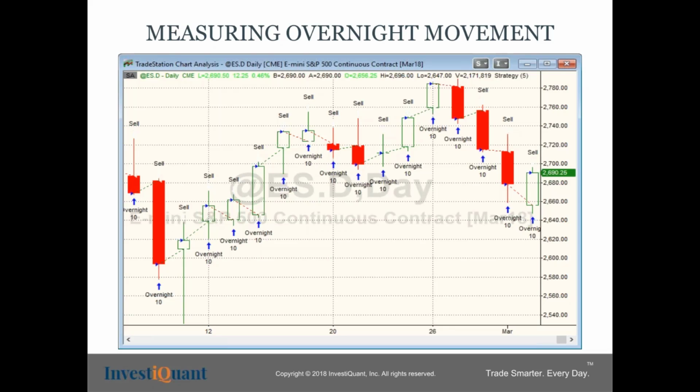I could use SPY, or any derivative of the S&P here. But the basic idea is that we're looking to measure movement from the 4:15 futures close, or if you're trading ETFs, the 4 o'clock NYSE close, and then the open of the New York Stock Exchange the next morning. That's the time frame we're trading in. Rather than trading where most other people are trading, between 9:30 and 4 o'clock, we've got the opposite going on.